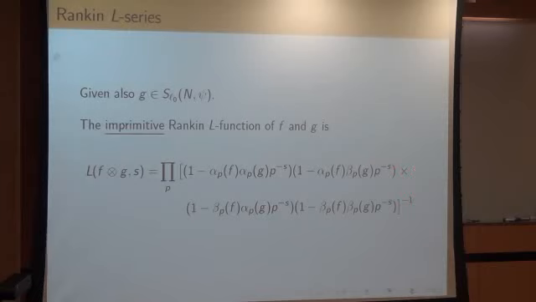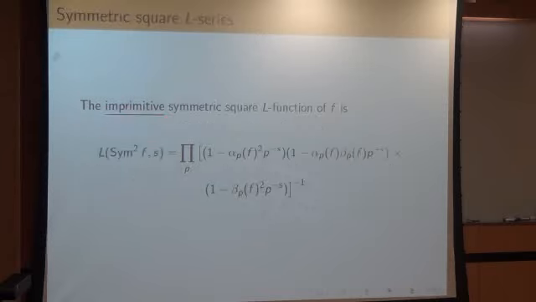So this is the essential part, up to some finitely many terms, which makes the difference between imprimitive and primitive. Similarly, if we just have one modular form f, not two, we can look at its symmetric square L function, which would be associated to the symmetric square of the l-adic representation associated to f. If that representation has eigenvalues alpha and beta, then the symmetric square has eigenvalues alpha squared, alpha beta, and beta squared.